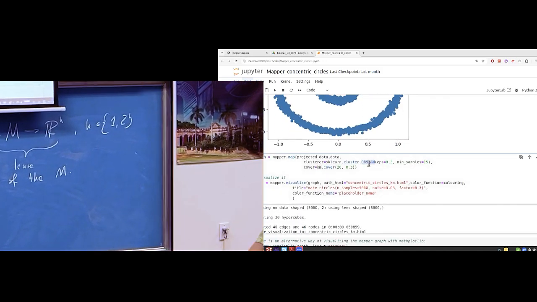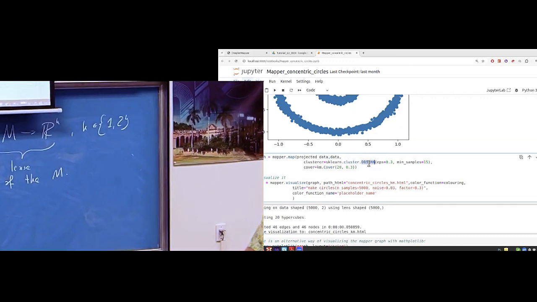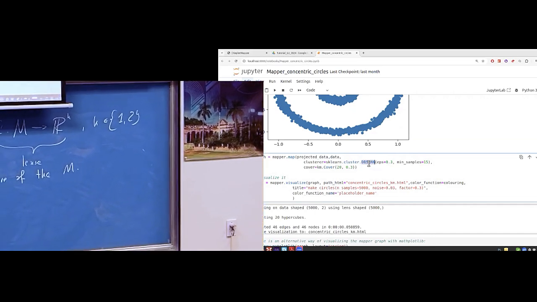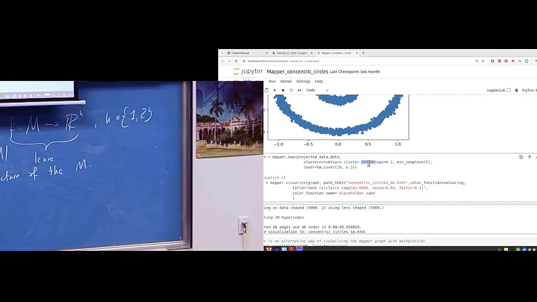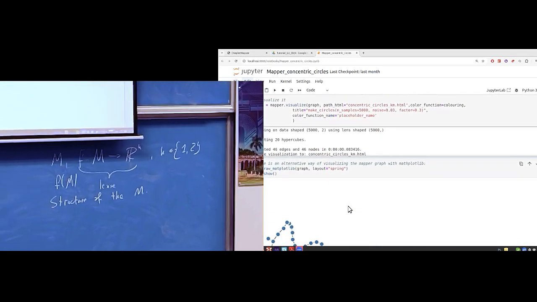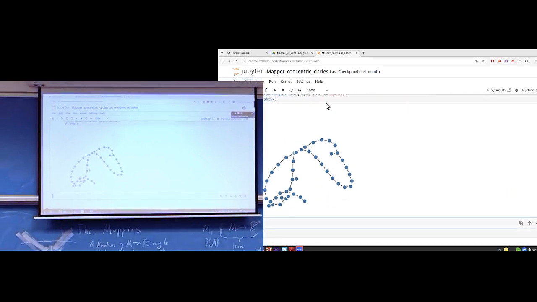As the clustering algorithm, I'm using DBSCAN. This is a density-based clustering, but in some other notebooks you'll have a selection, so you will be able to see and feel what's happening when you choose something else. So it actually does something, and it produced a mapper.